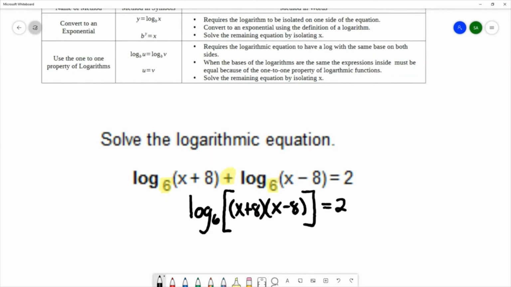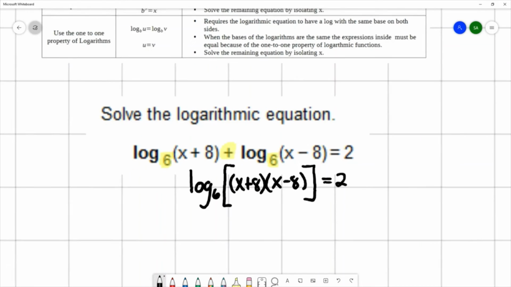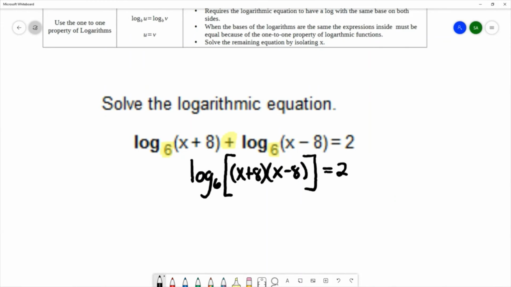But now we do have a single log on one side of the equation, and so we're going to be able to use this first method, and we're going to convert our logarithmic equation into an exponential. To write this as an exponential, we're going to use the base of 6.